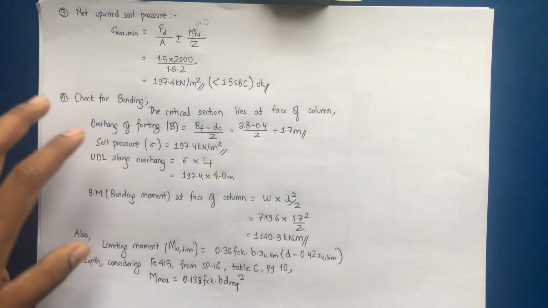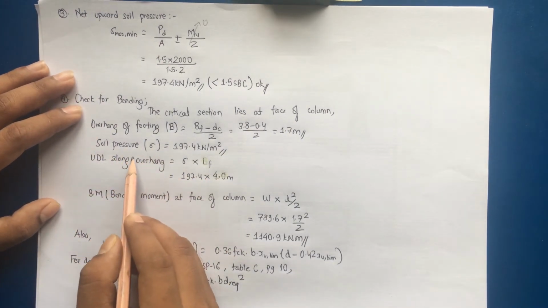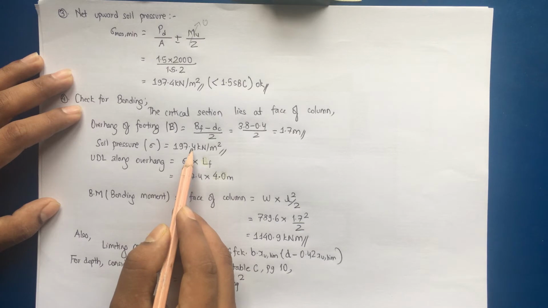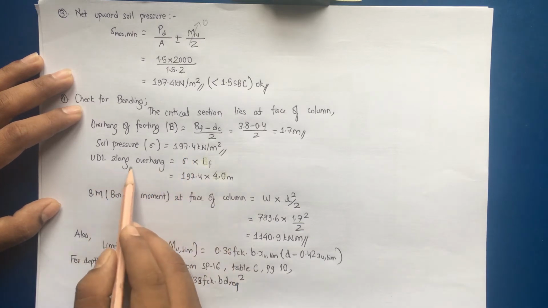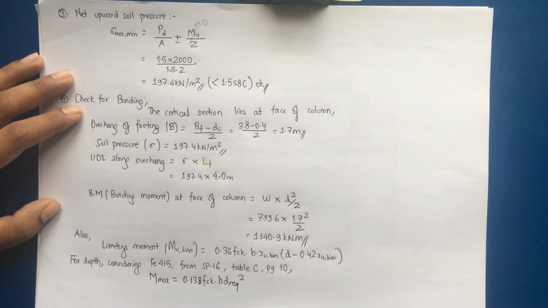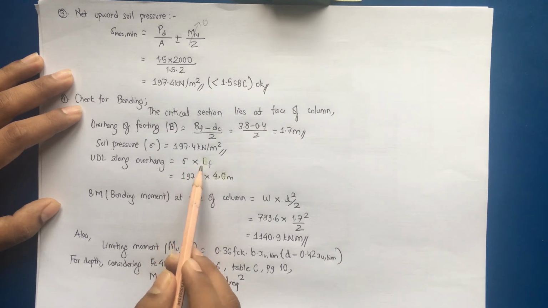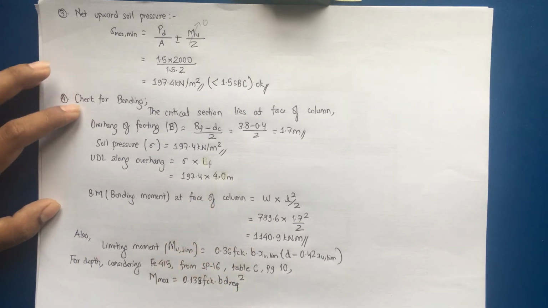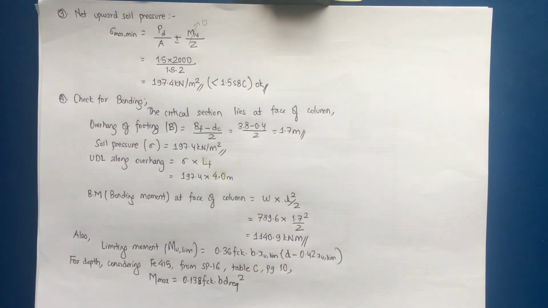For now we have uniformly distributed pressure, so swell pressure we take as 197.4 kilonewton per meter square, and UDL along overhang, as I have said, the swell pressure has to be distributed along the length of the footing, and this will come as 197.4 times length of footing, which is 4. As I have said, for now we are providing equal projection, and hence we will calculate reinforcement for one side, and the reinforcement will be provided to the other side in proportion to that.